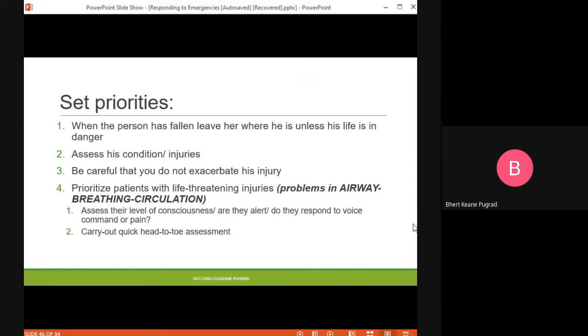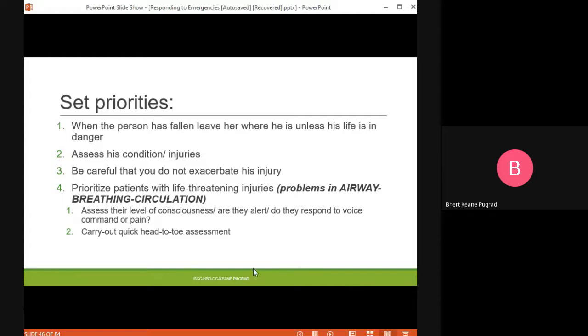Take note, our priority is always ABC, airway, breathing, circulation. Okay? Nahihirapang huminga. Merong humihinga nga pero hindi tama yung kanyang paghinga. Mga priority natin yun. Tapos walang pulso. Okay? Or weak pulse, those are our priorities.